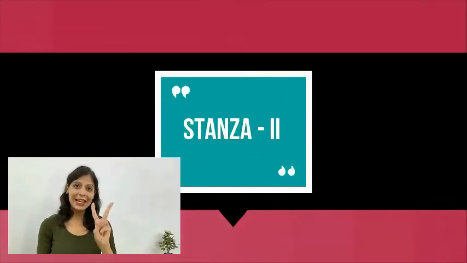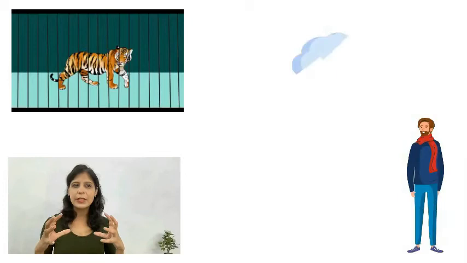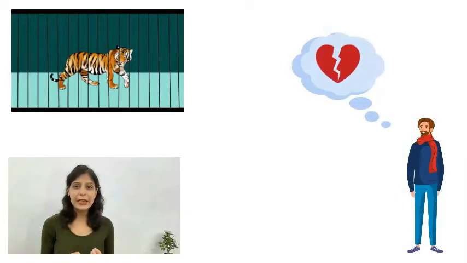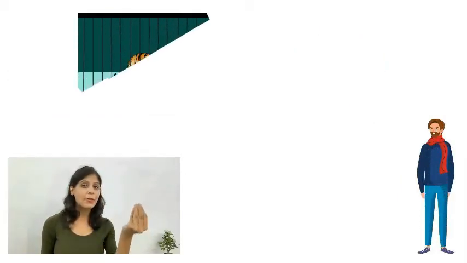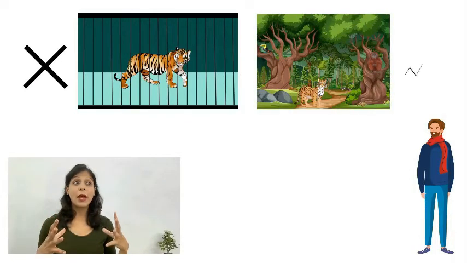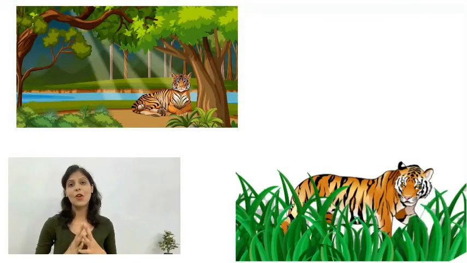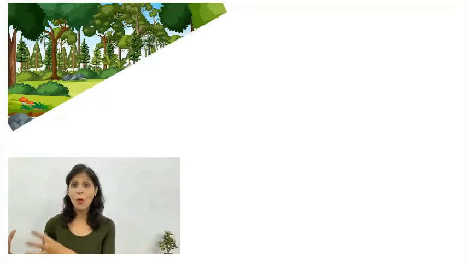Moving on to the second stanza. Looking at the imprisoned tiger, the poet is filled with pity. He says that this poor animal should have been in the natural habitat where he would have been lying in the shadows of the tree and sliding in the long grass near the water hole.